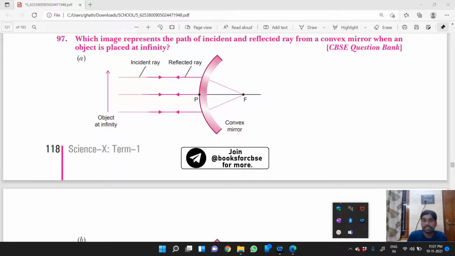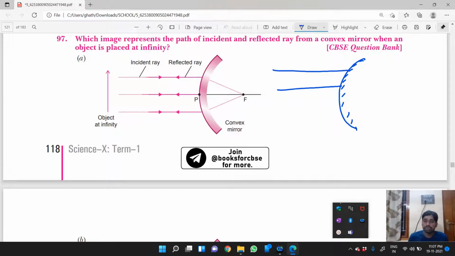So when a ray of light is incident parallelly on the convex mirror, if you observe properly, if the object is at infinity, rays will be parallel to the principal axis. So when rays are parallel to the principal axis, this is C, this is F, and this is the pole. A ray of light incident at a certain angle, then this is the normal along the center of curvature.